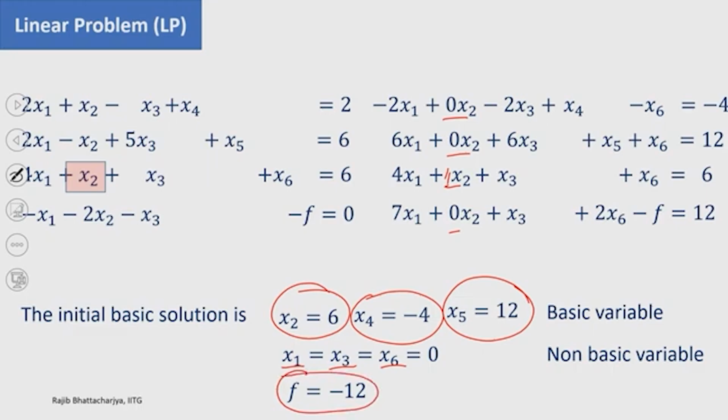You just see, now we are again not getting a feasible solution, because this is not acceptable. x4 equal to minus 4. So, we are not getting a feasible solution. So, we cannot take just any one of them as a pivoting element. We have to have some rules, so that we are not evaluating infeasible solutions.